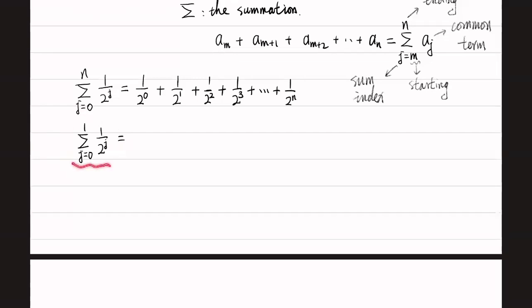Wait, but wouldn't that be the same thing? What's the difference? So here I start at 0 and end at n, right? This one we start at 0, it's the same, to end at 1. What happens if we end at 1?